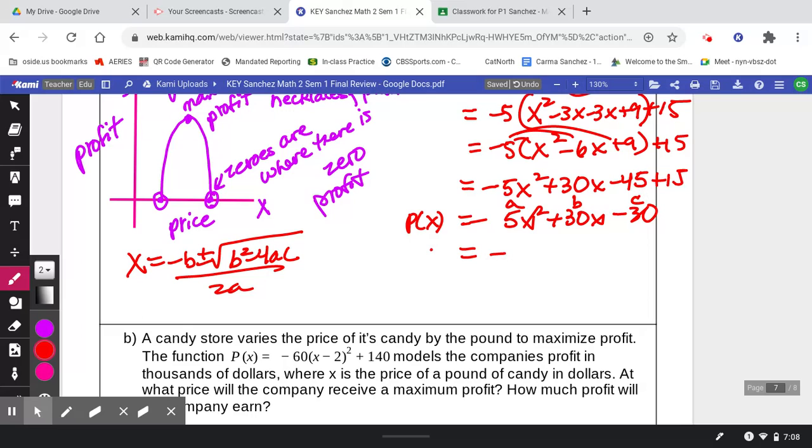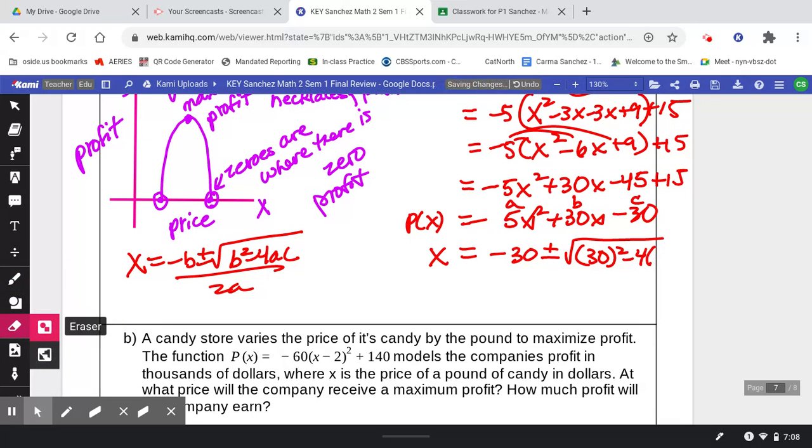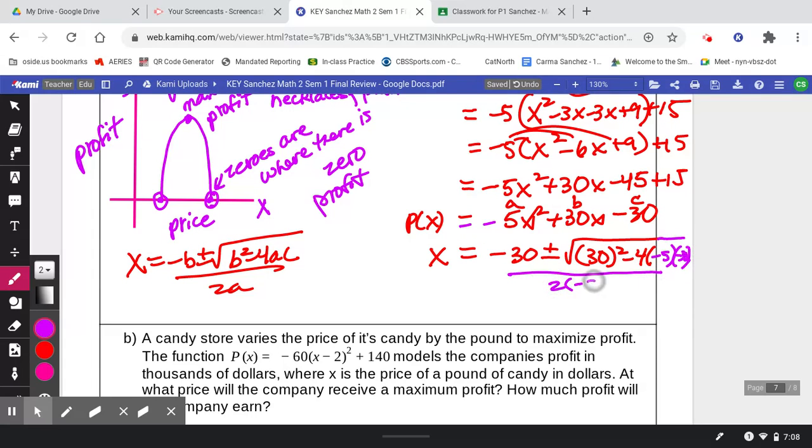X equals negative B plus or minus the square root of B squared minus 4 times negative 5 times C of negative 30, all over 2 times negative 5.